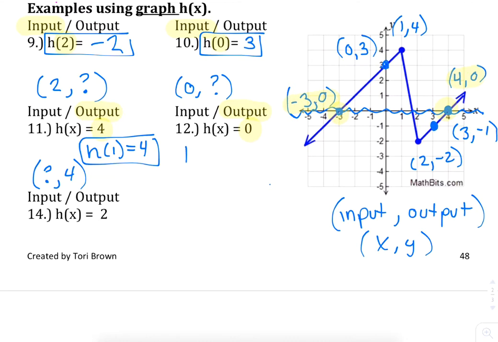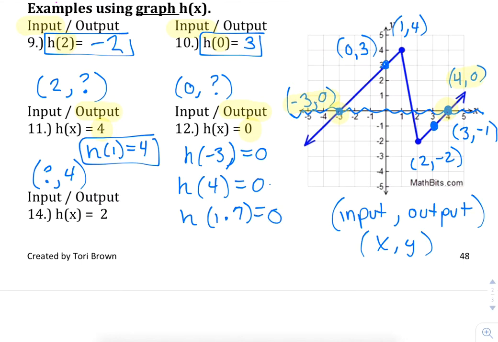First time I'm going to write out the -3. h of -3 goes to 0. I had h of 4 goes to 0. And we had that extra one, h of 1.5, or let's go 1.7, goes to 0, sorry. We have 3 different dots on that line. We need 3 different answers, okay?